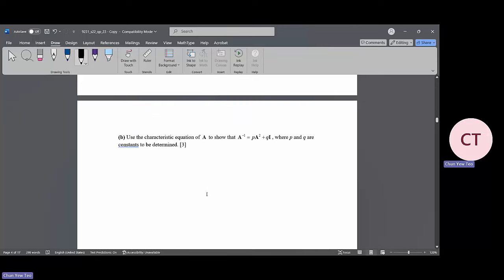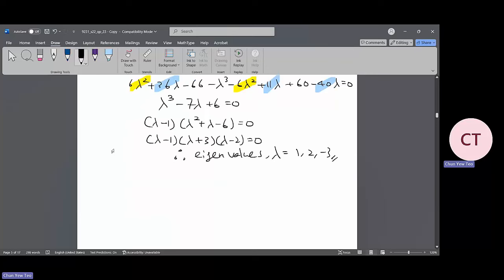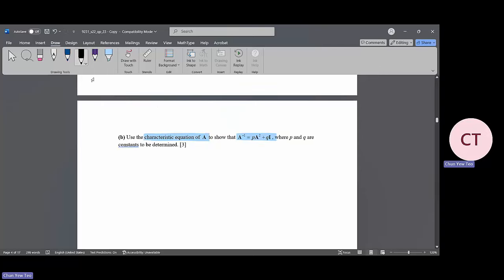Moving on, part B. They want you to use the characteristic equation of A to show this result, where P and Q are constants to be determined. The characteristic equation we can copy from here. So from here we get lambda cubed minus 7 lambda plus 6 equal to 0. Apply the Cayley-Hamilton theorem.